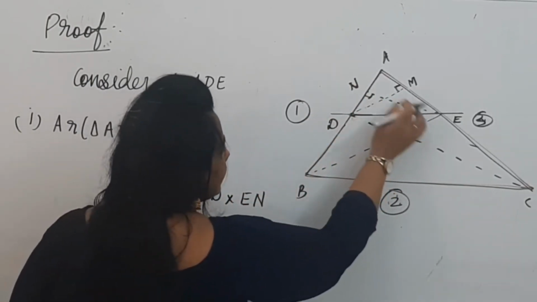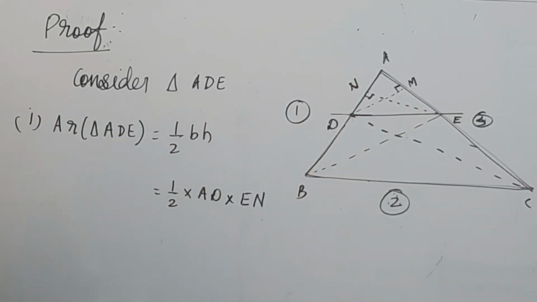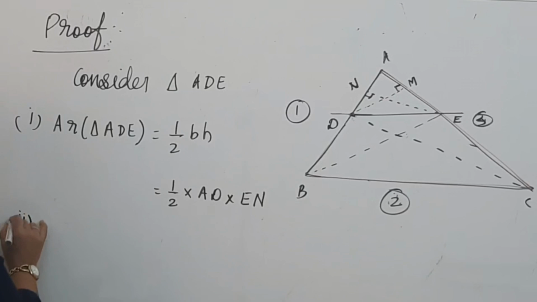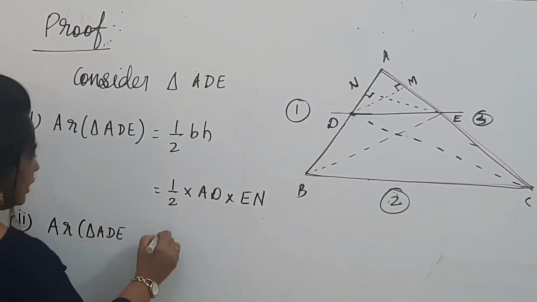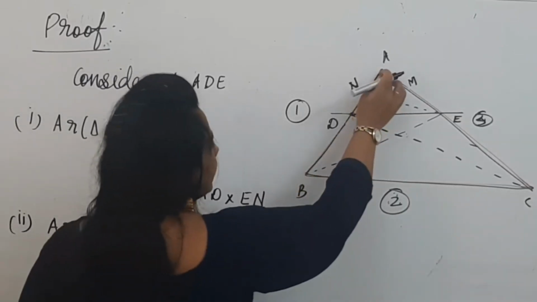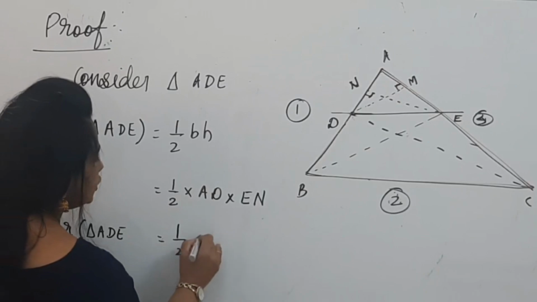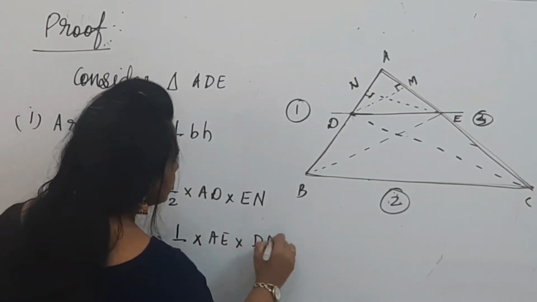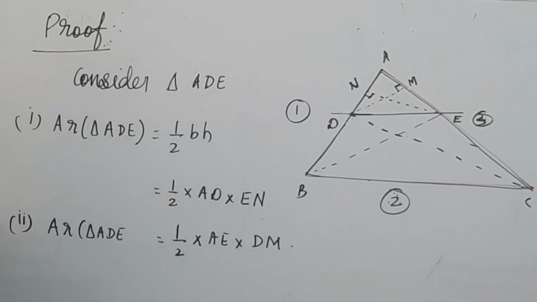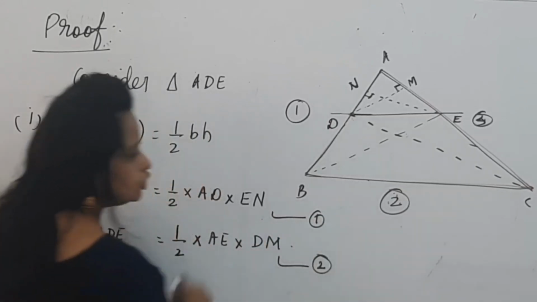Hope you understand. And you can write it another way also. Area of triangle ADE is equal to, if you have taken AE as a base, DM is an altitude. So half into AE into DM. Hope everyone understands these first 2 points. I name this equation 1 and this equation 2.